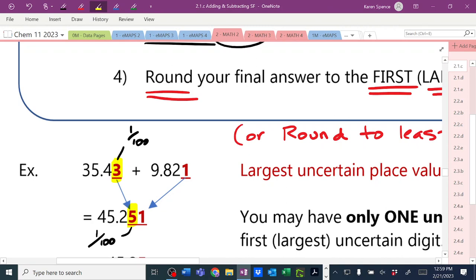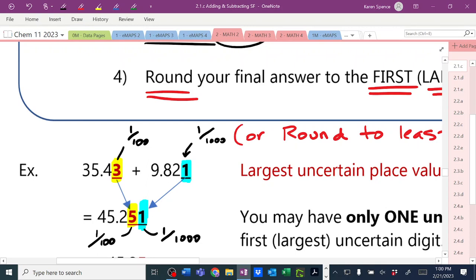The second number that we're adding, 9.821, the 1 is uncertain. That is in the thousandths position, which will also make the 1000th position in our answer uncertain.